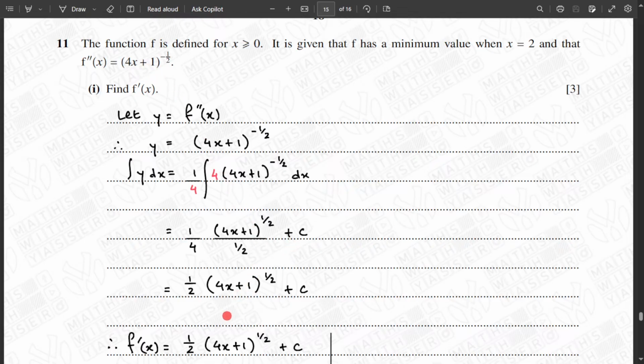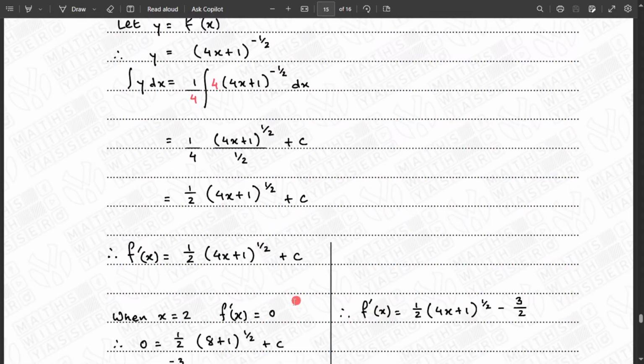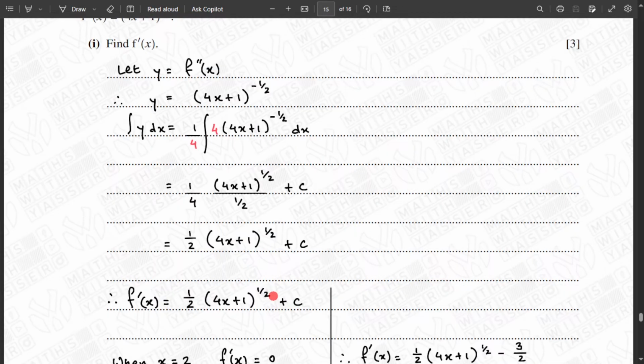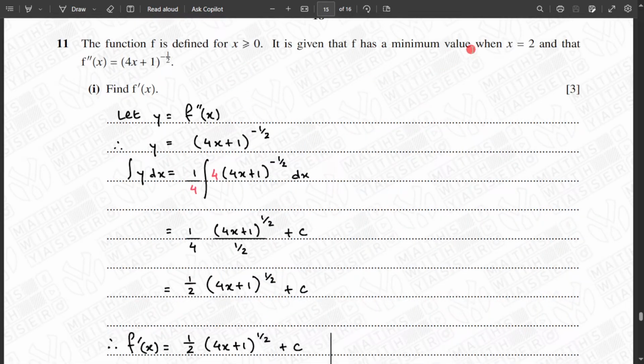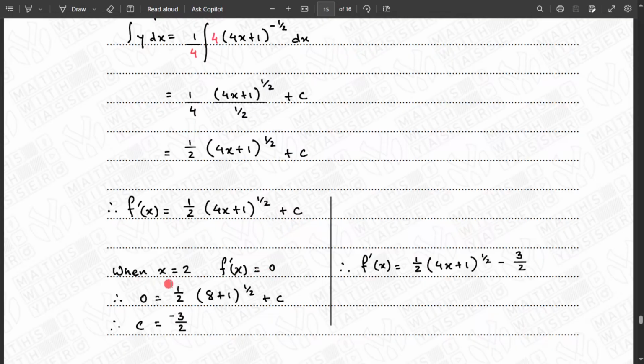So f prime x is half (4x plus 1) to the power half plus c. It's given that f has a minimum value when x equals 2, and we know that a minimum value is a stationary point. That means f prime x must be 0 when x equals 2.